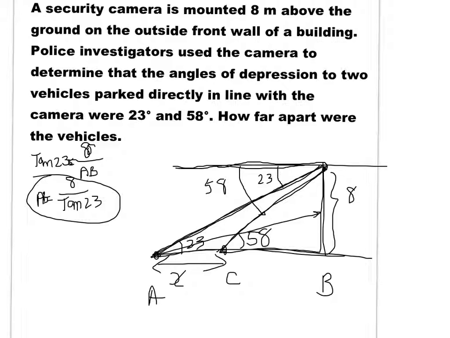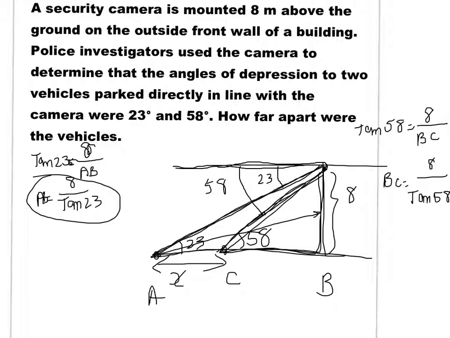Now I'm going to do the same thing for the smaller triangle. I'm going to write tan 58 is equal to opposite, which is 8, divided by adjacent, which is BC. So crisscross and then divide by tan 58, I get that BC is equal to 8 divided by tan 58.